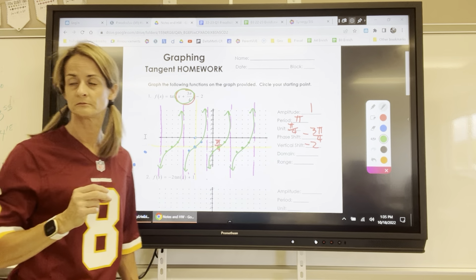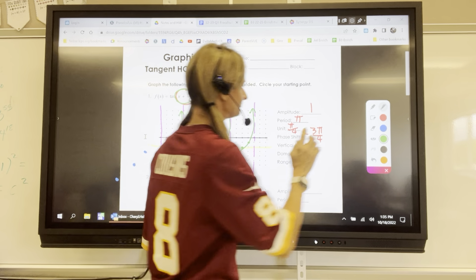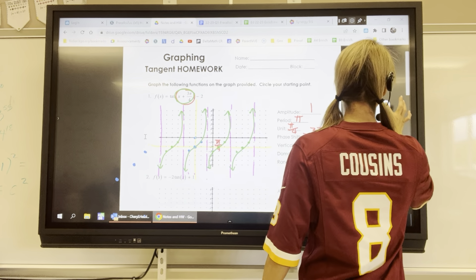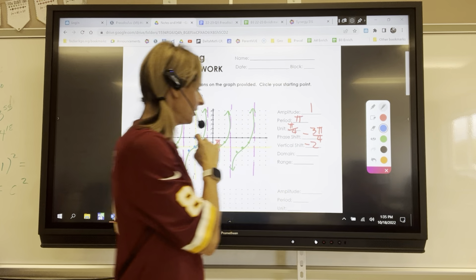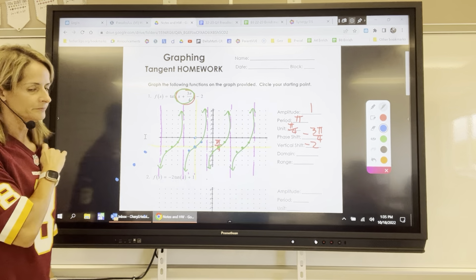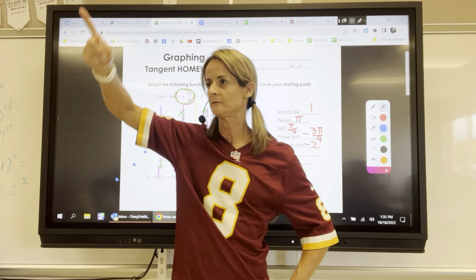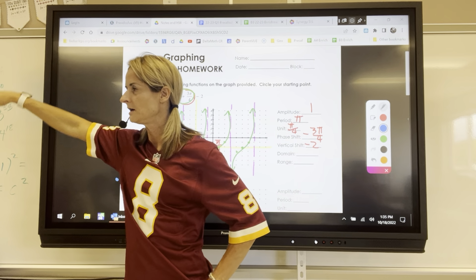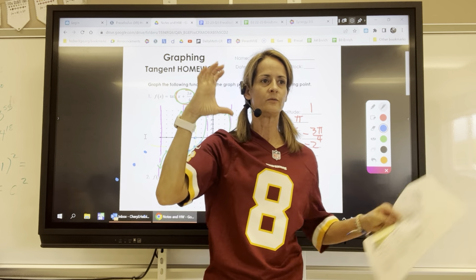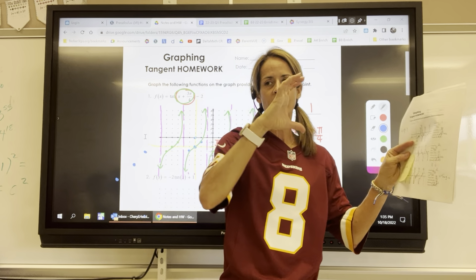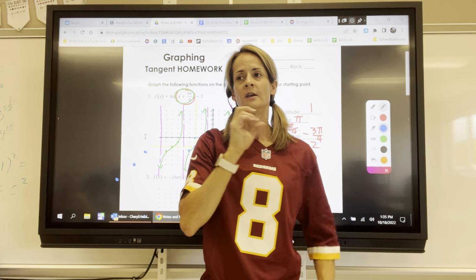Are we good? Okay. So the domain. For sine and cosine, we've got this repeating graph, right? So we can plug in any x value, and we're going to find a y value. If we have a phase shift or a vertical shift, we're still going to have a point on our graph.